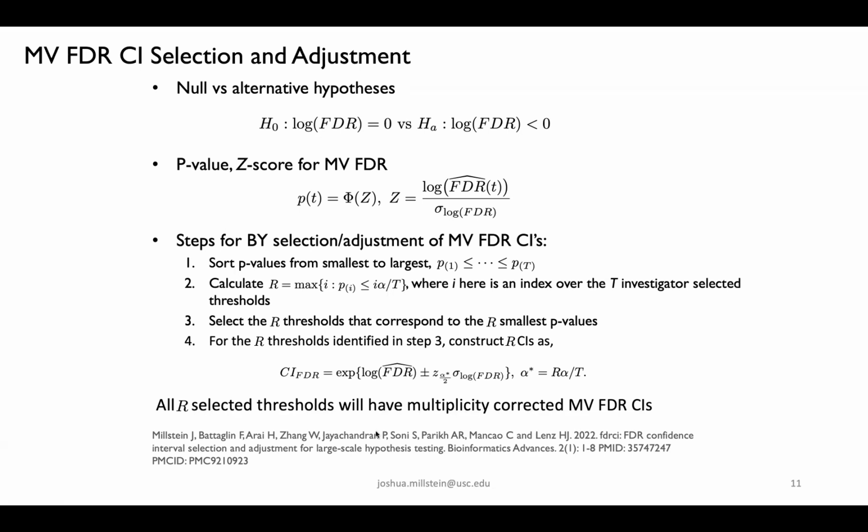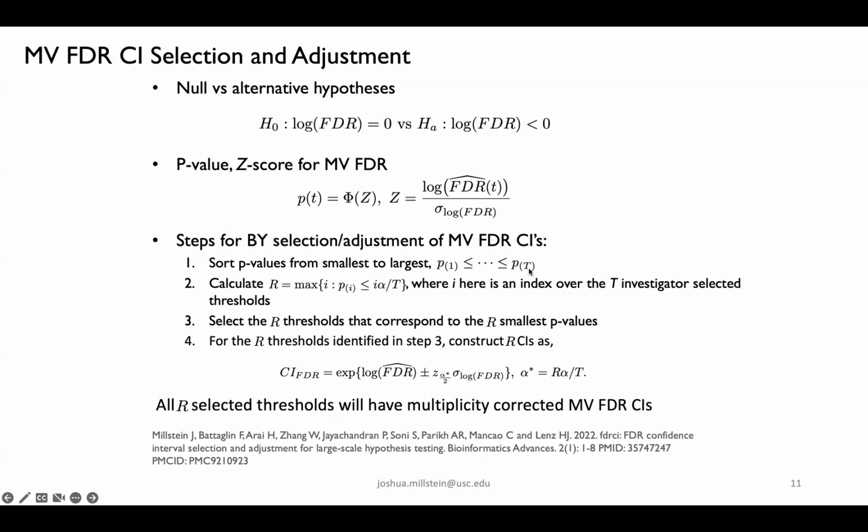Essentially, the first 3 steps are using those p-values to select intervals. The way it would work is the candidate intervals or candidate discovery thresholds are identified over a range of values that the statistic could take. For those candidate thresholds, there are T of them.